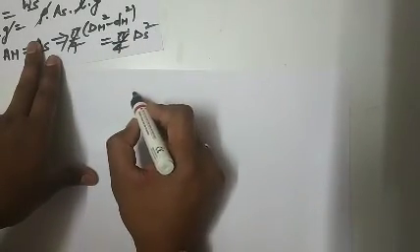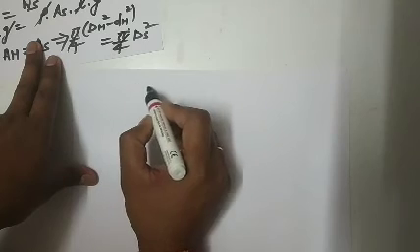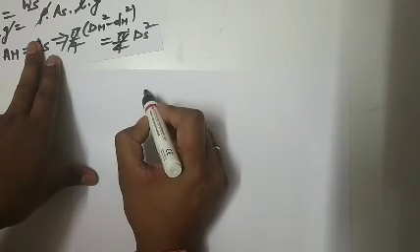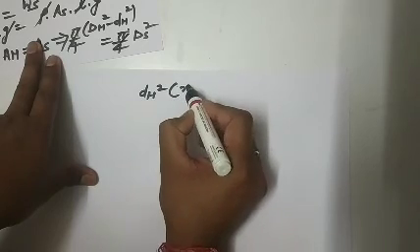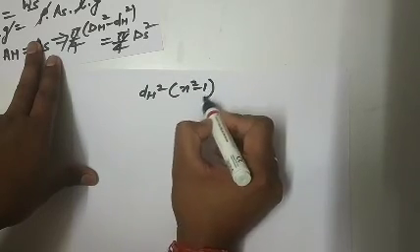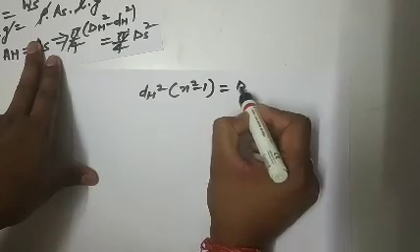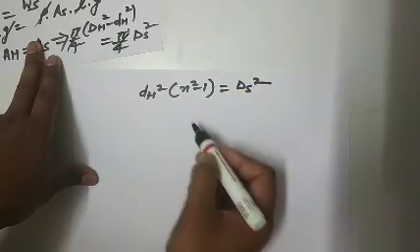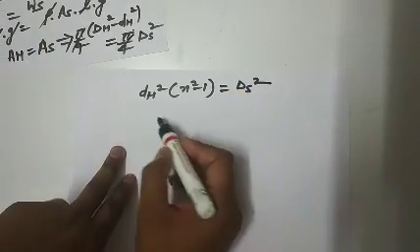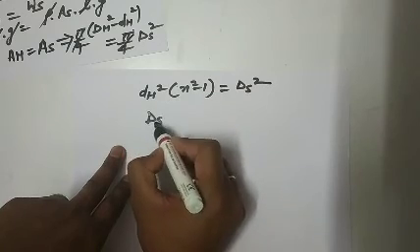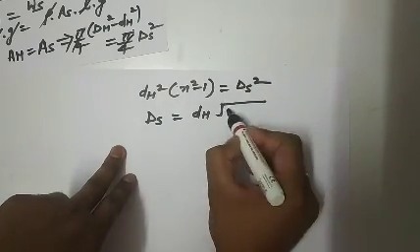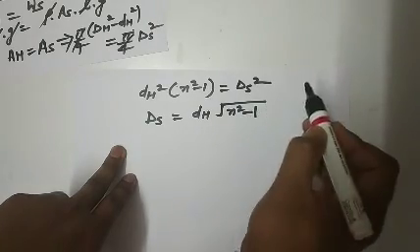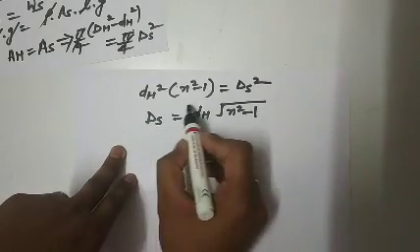And then this is dh square n square minus 1 equal to ds square, right? Now ds will be dh under root n square minus 1, right?